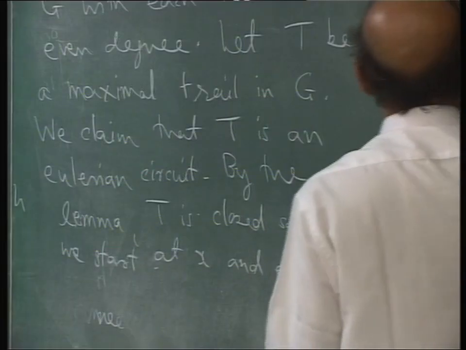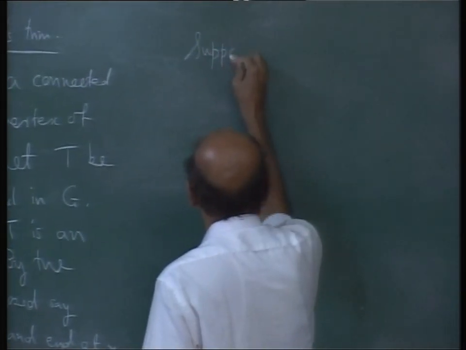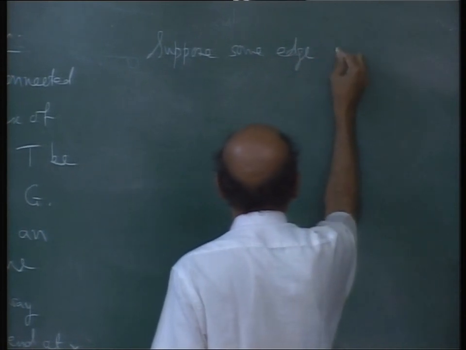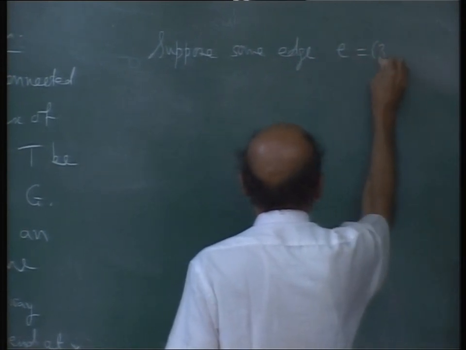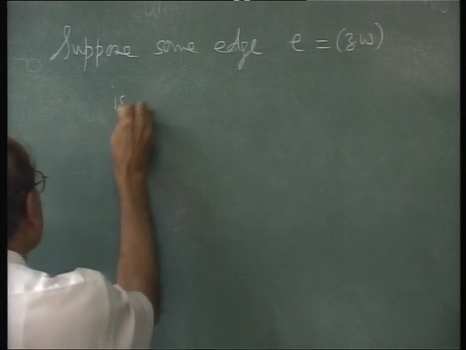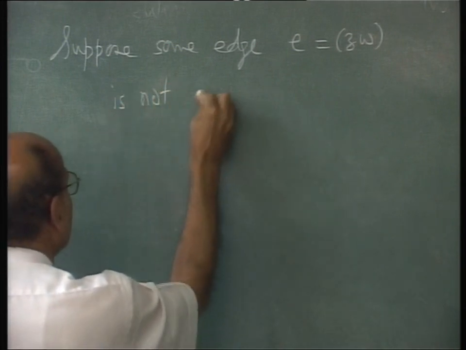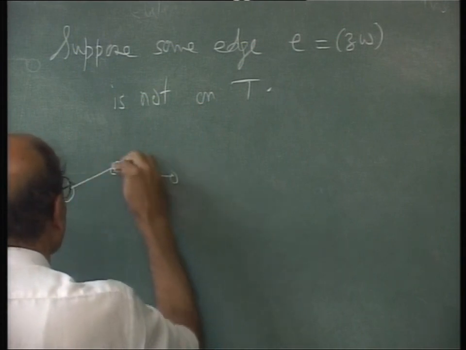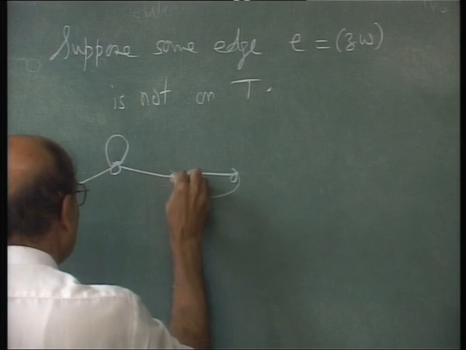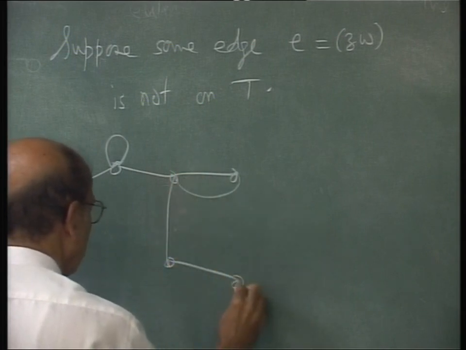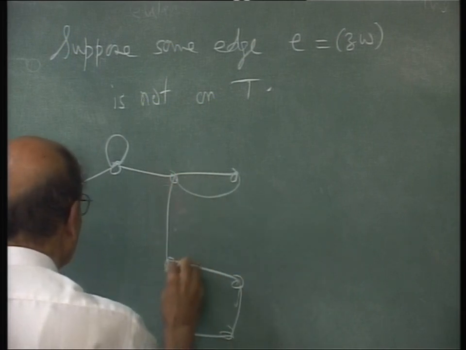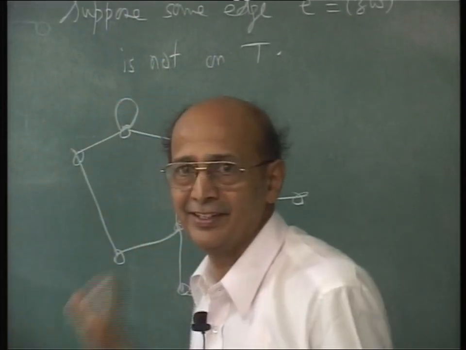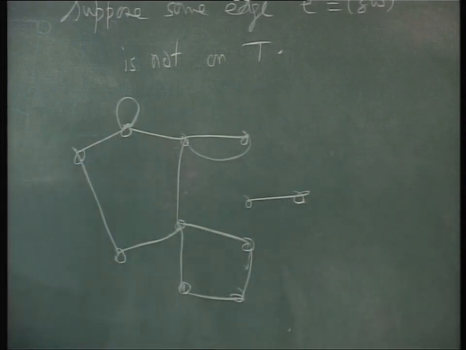Suppose this edge is not there on T. Why is it?